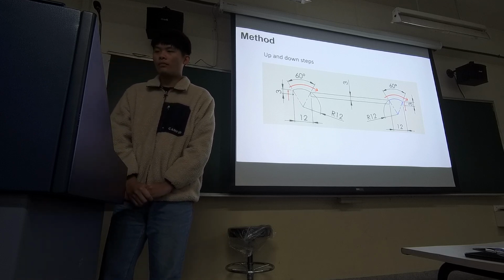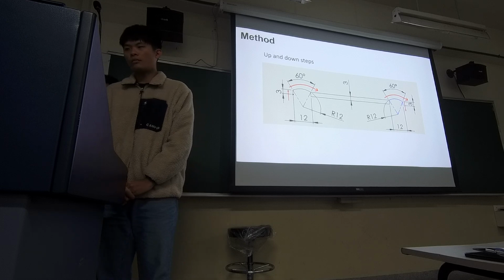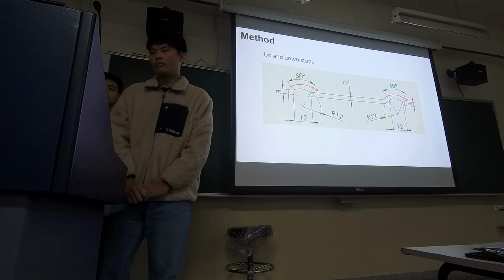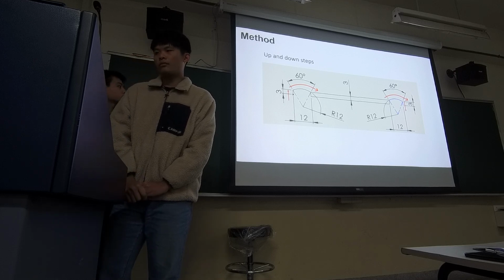So here I will explain how our robot dog climbs up and down steps. Let's assume there is a platform that is 3 units high. If the distance between the legs and the platform is greater than 12 units, the leg will move 12 units in a 180-degree arc.